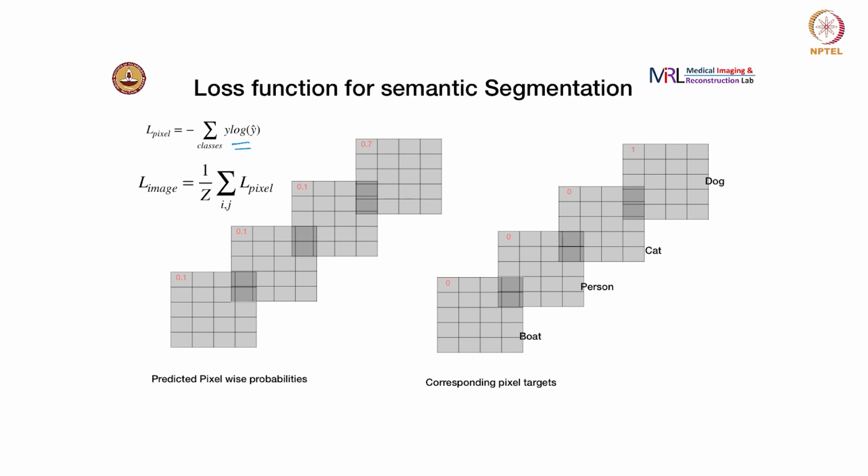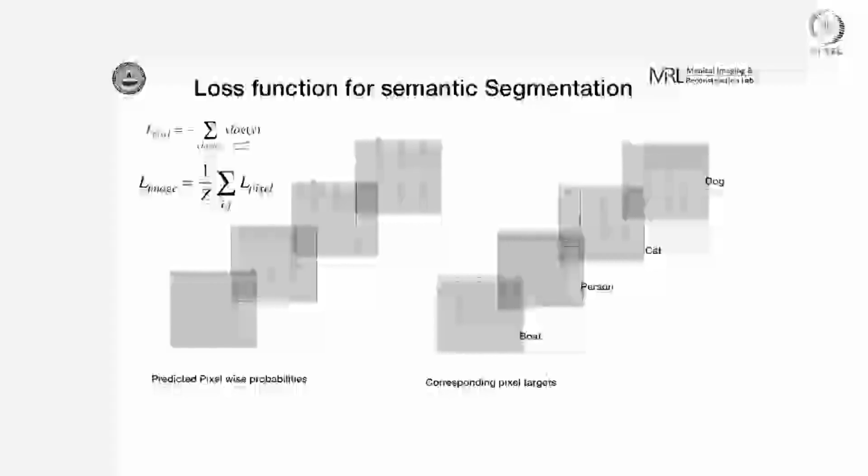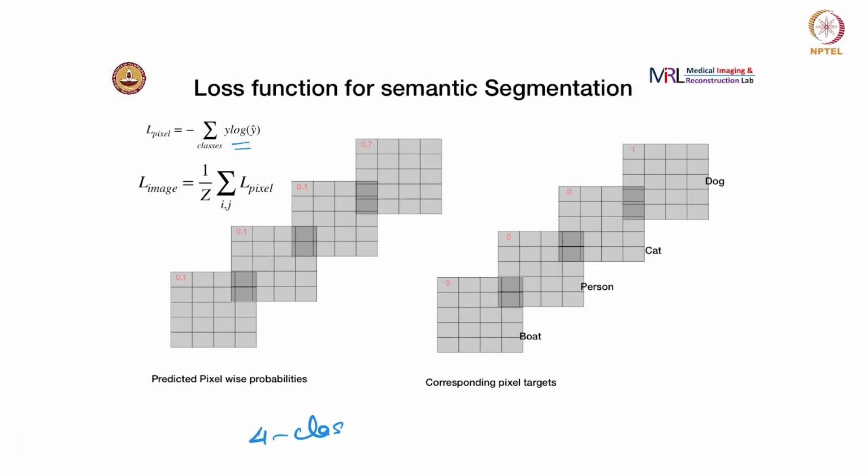Your ground truth will tell you what category that particular pixel is. Let's suppose you're working on a 4-class problem: boat, person, cat and dog. Let's say the pixels correspond to dog.